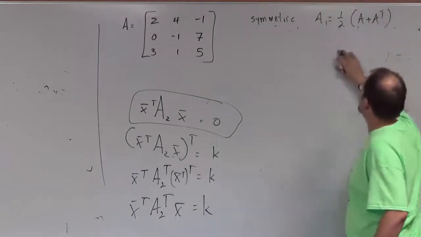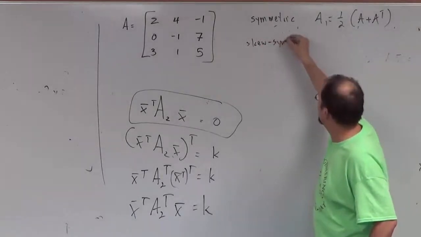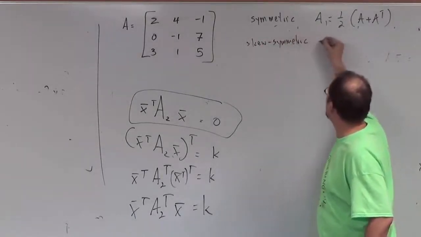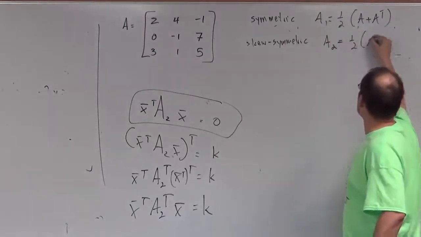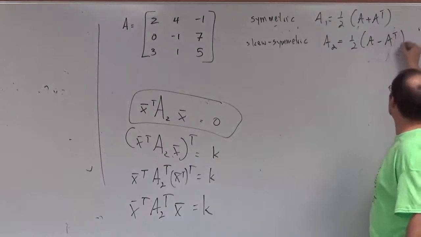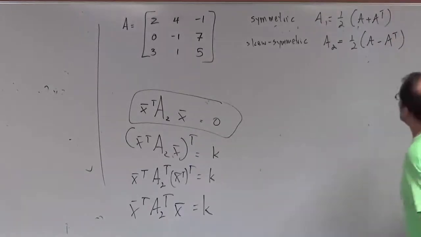That guaranteed a symmetric matrix. The skew symmetric matrix we formulated to be 1/2 (A minus A transpose). And so this would be our symmetric matrix.